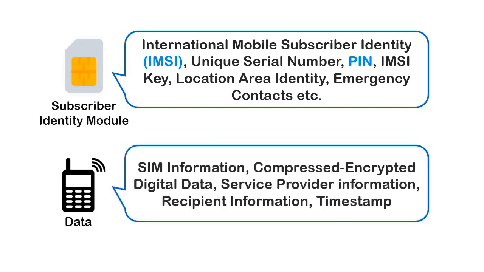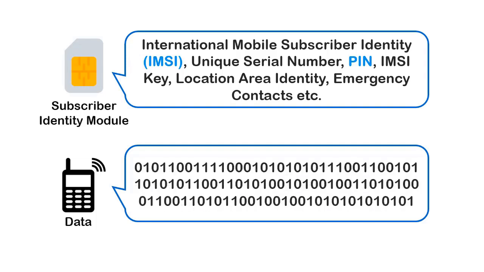They were sending SIM information along with compressed and encrypted user data, which means the user message, service provider information, recipient information, and timestamp. All of these things made filtering targeted consumer a lot easier and having faulty receipts less likely to happen. All of this information was digital, which means the phone was still only transmitting zeros and ones.